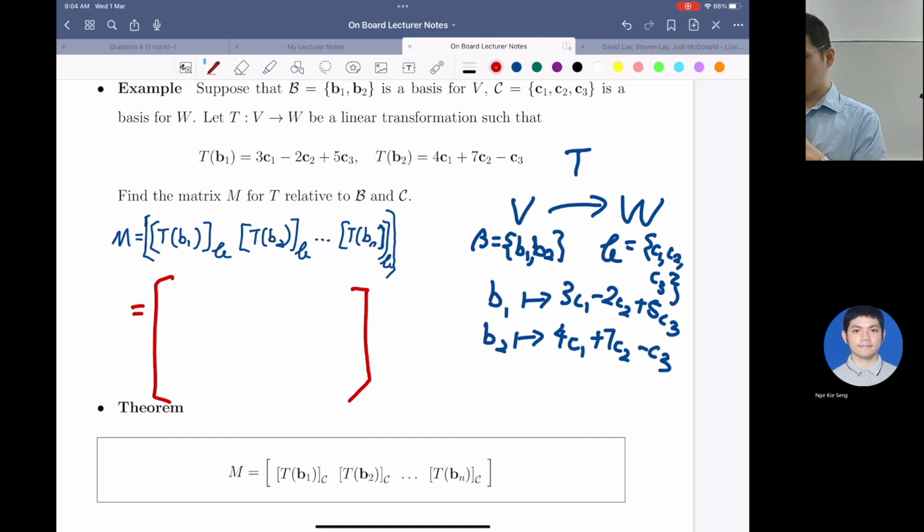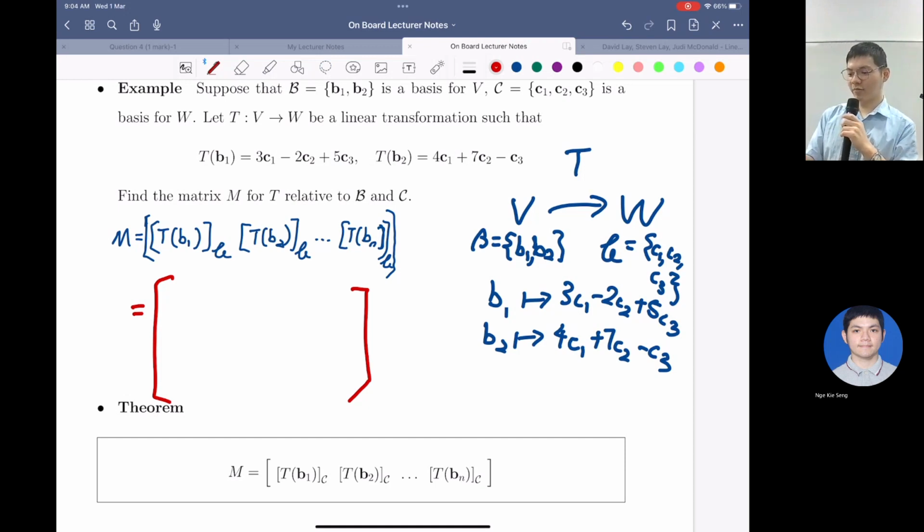How about you tell me what's the size of M first? Not 3 times 3.